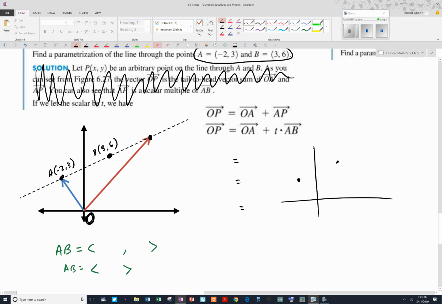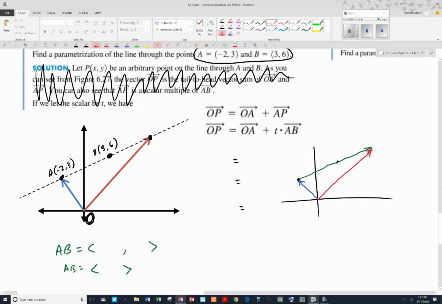And what we're going to do is draw a vector, in standard position, to that point, and then we're going to add a scaled vector that goes through our other point and say that the sum of those two vectors will equal that vector right there.